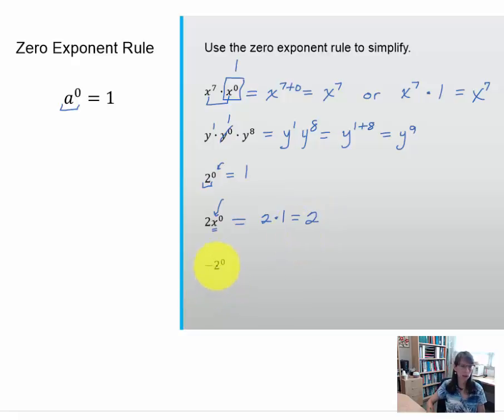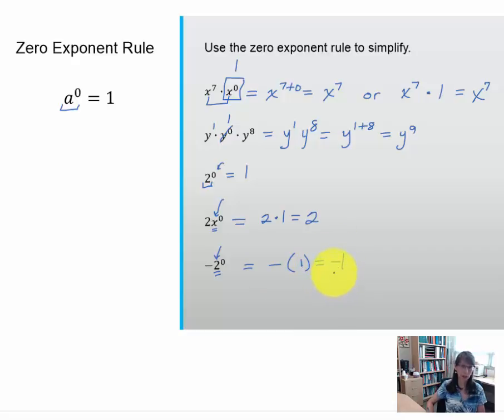And we have something similar here in the last example. We have negative 2 to the 0. So only the base of 2 is raised to the 0, not the negative. There's no parenthesis to include that negative. So we actually have a negative multiplied by 1, which is negative 1.